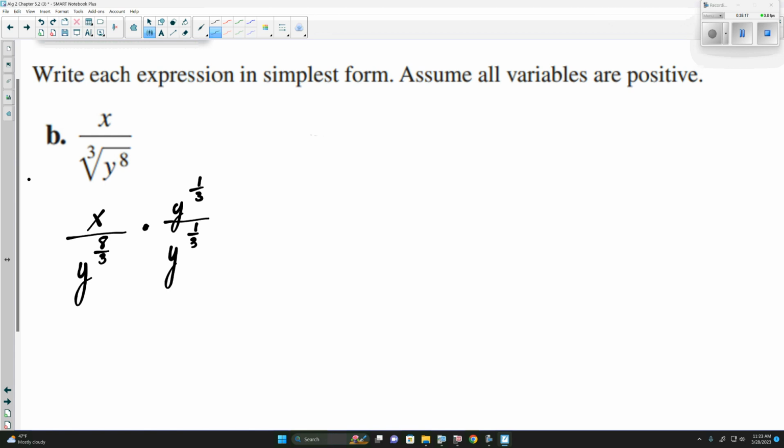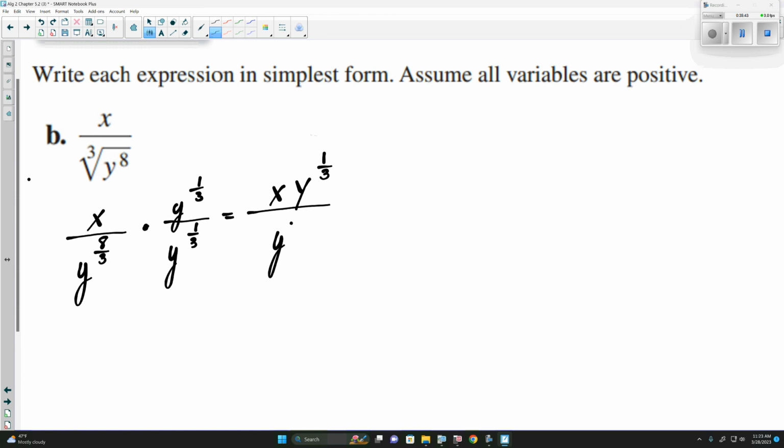Because we have 8 y's, if we have one more, 9/3 would reduce nicely. Guys, so on top, we multiply them together. Because x and y are different bases, we are just going to say we have x times y to the 1/3.